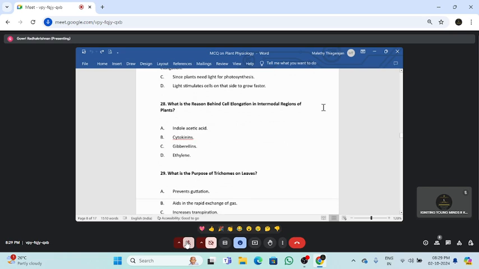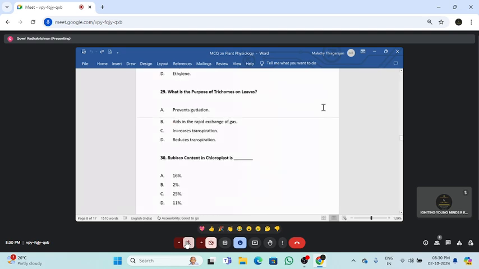What is the reason behind cell elongation in internodal regions of plants? Option C, ma'am. Yes, gibberellins. Correct. What is the purpose of trichomes on leaves?